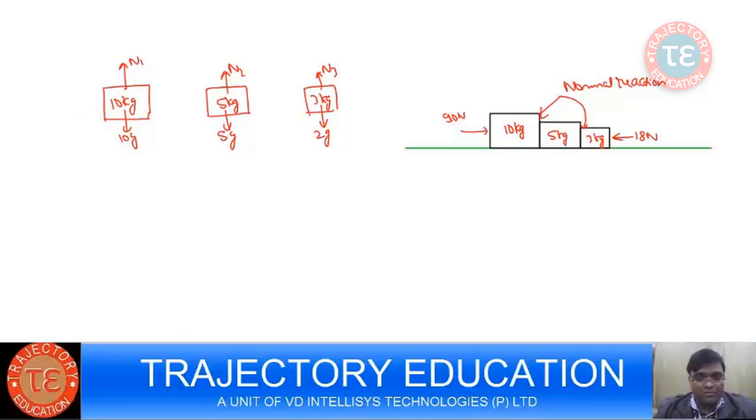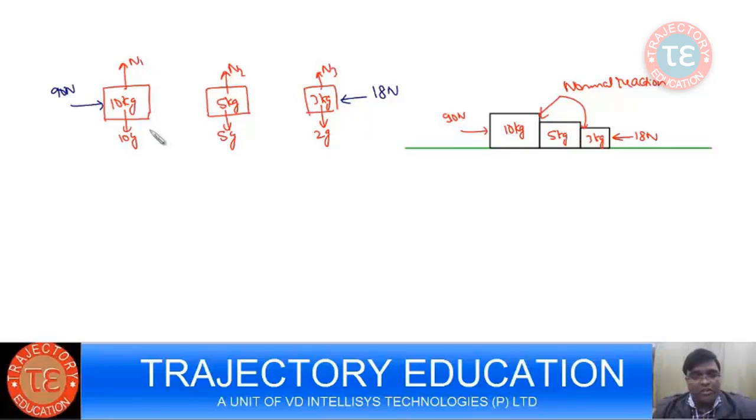What else do you see? You see this force 90 Newton acting on this body, and you see 18 Newton acting on this body, right? So these are some of the forces which we can see very easily.